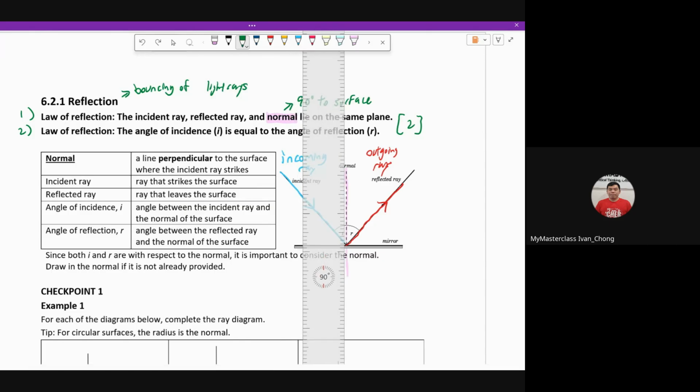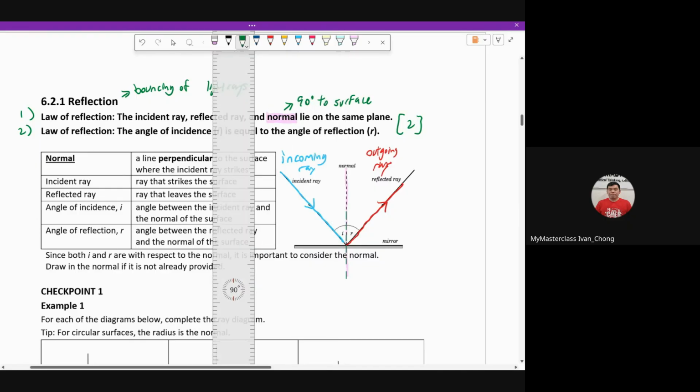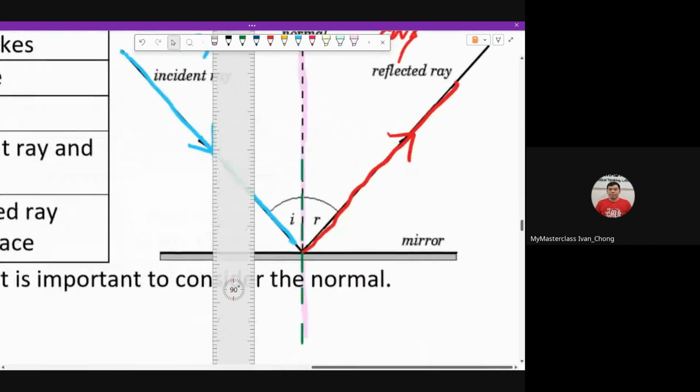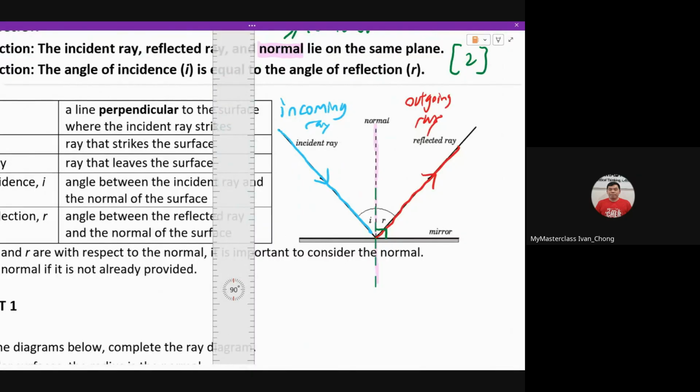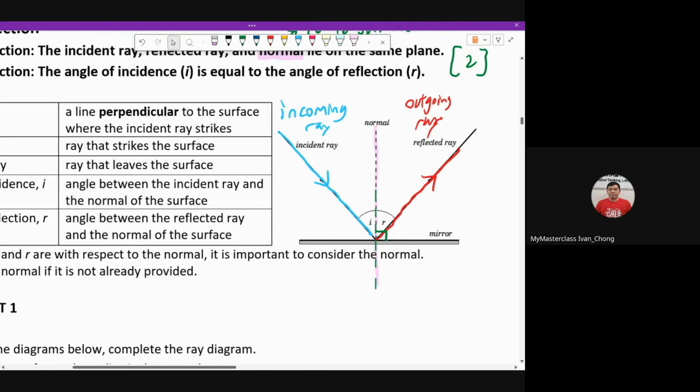Normally I'll draw 3 dotted lines, 1, 2, 3 above the surface and 1, 2, 3 below the surface itself. Where do we actually draw your normal? We'll draw it where the light ray hits the surface over here. So the moment this incident ray hits this surface, I'll draw a normal at every surface that has a light ray. Okay? So just do take note.